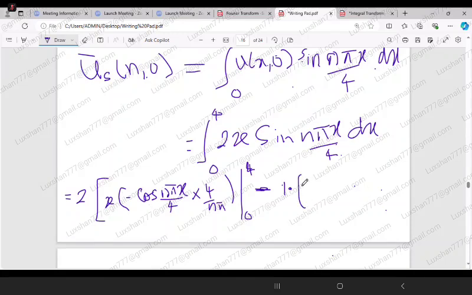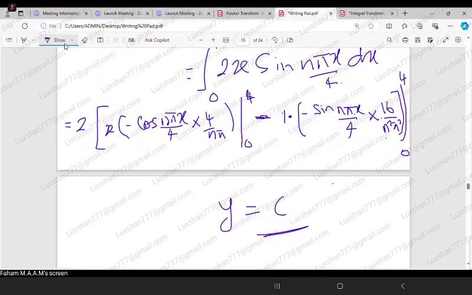Therefore, I will get minus sine n pi x by 4 into 4 over n pi. So already I have 16 over n squared pi squared. So here I want to put 0 to 4.